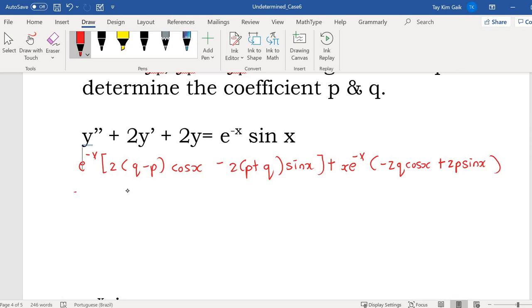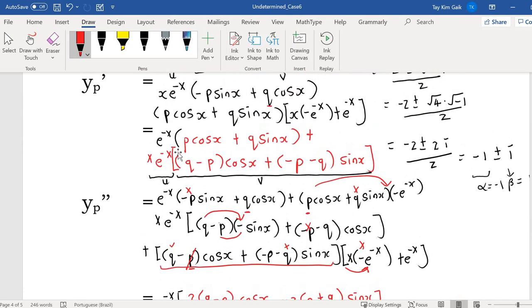Okay, add up with 2 times of y prime. Your y prime is here, these two lines.